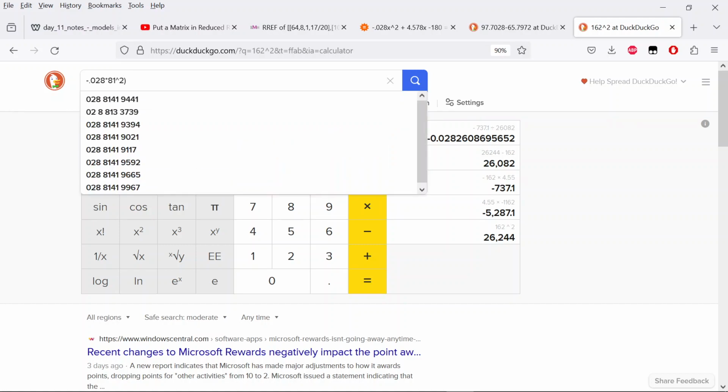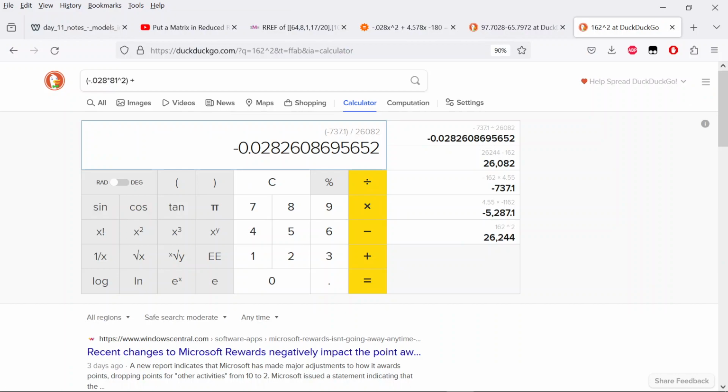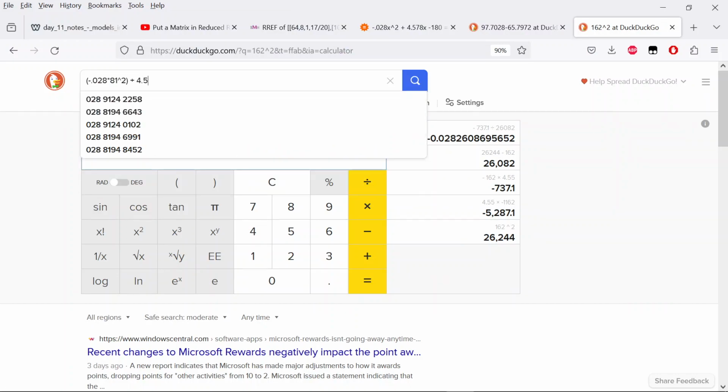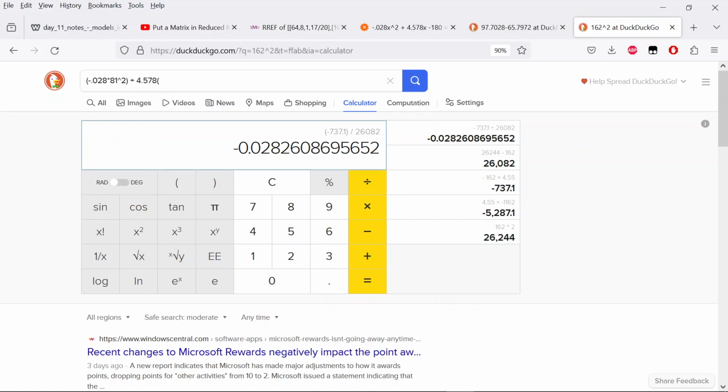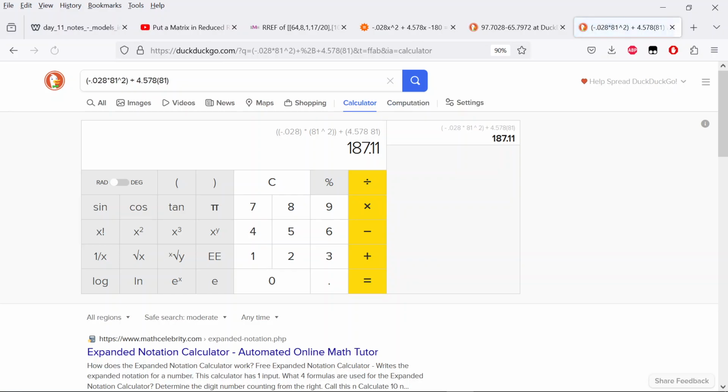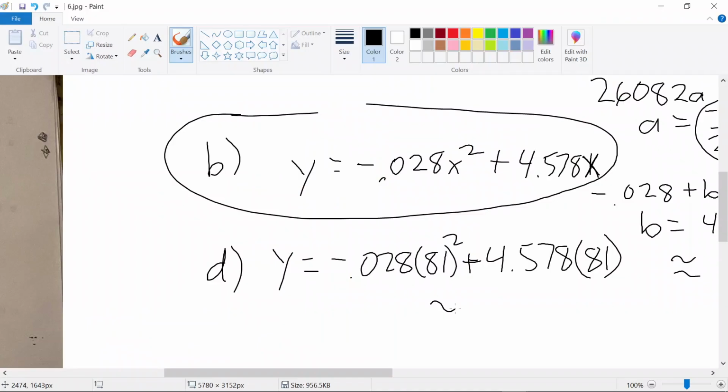I'm putting parentheses around that whole thing so it doesn't get mixed up, plus 4.578, and this is only an approximation, 4.578 times 81. And that comes out to approximately 187.11 meters. You can say 187, but okay, there's a D.